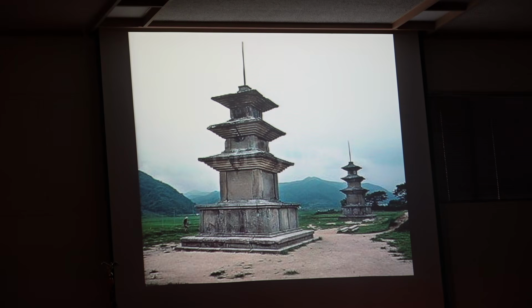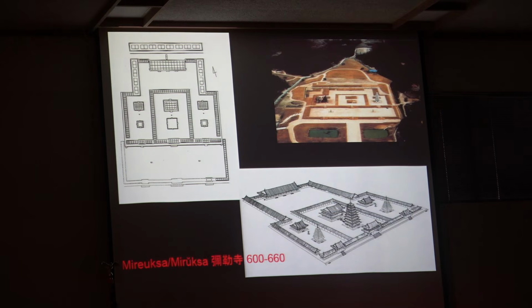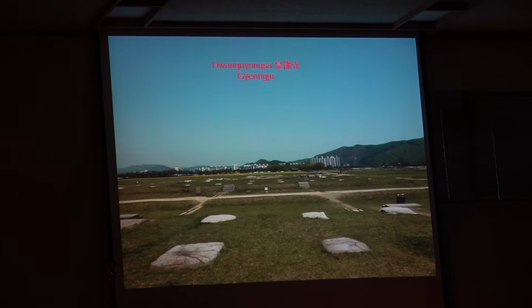But by the time we get to the 600s and the 7th century, not just in Korea, but as you're about to see in Japan, we have twin pagodas. So that when we go back here and look at the monastery Miruksa, people are not surprised to see the twin pagodas along with the Buddha halls.